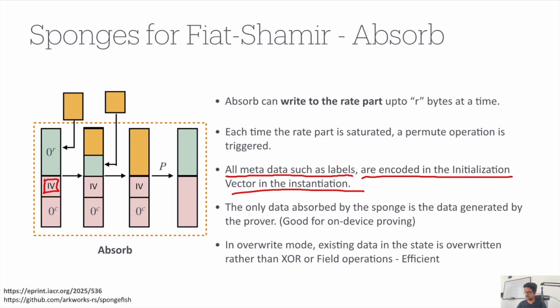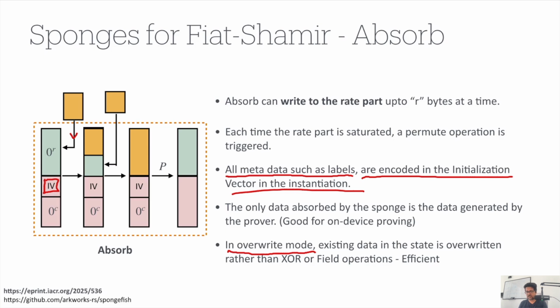One important thing here is override mode. Suppose you have some state, here you have 0, and then we have data that is written into the rate part. The override mode does not XOR the data, or, if the data is field elements, it does not do modular arithmetic.